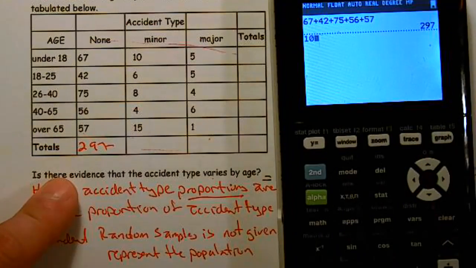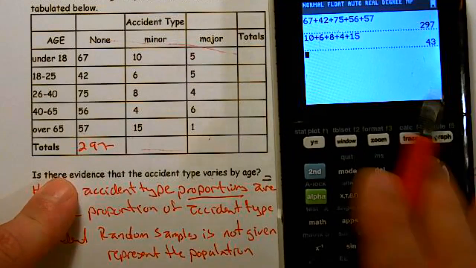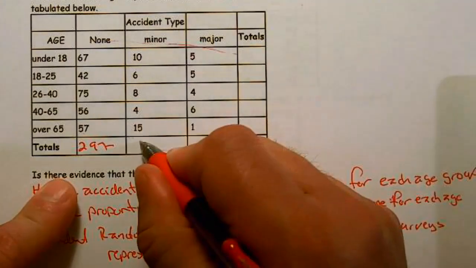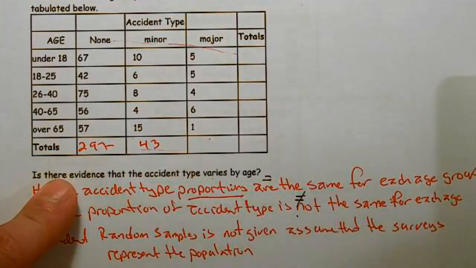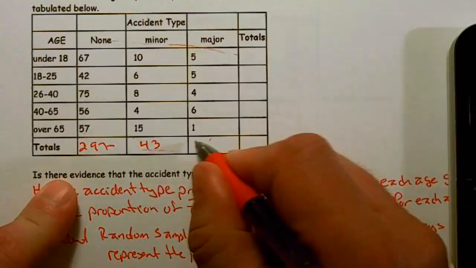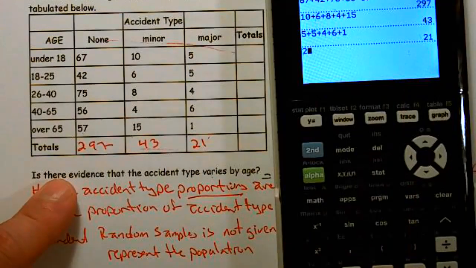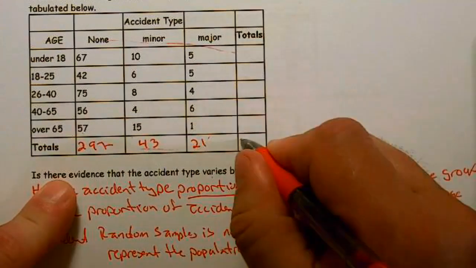Then we have 10 plus 6 plus 8 plus 4 plus 15 is 43. And then we have 5 plus 5 plus 4 plus 6 plus 1 is 21. 21 plus the 43 plus the 297 equals 361.